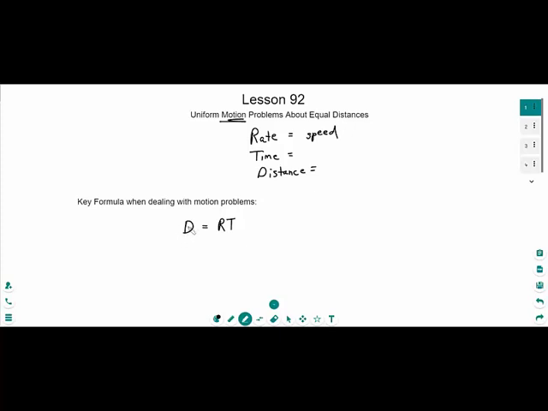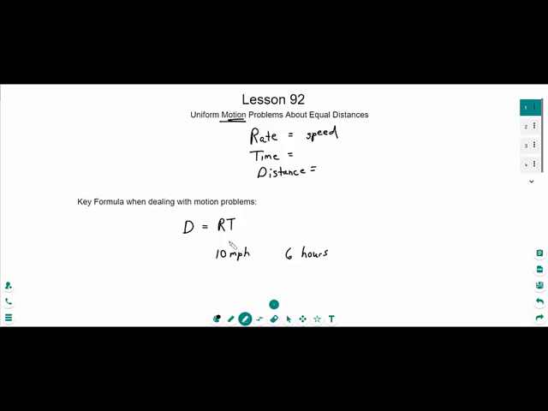So again, what is this saying? This is saying that if you want to know the distance that someone has traveled, you need to take his rate, his speed, and multiply it by his time. That should be very obvious, really, when you stop and think about it. If I'm traveling at 10 miles per hour, and I travel for 6 hours, well, then what would be the distance?